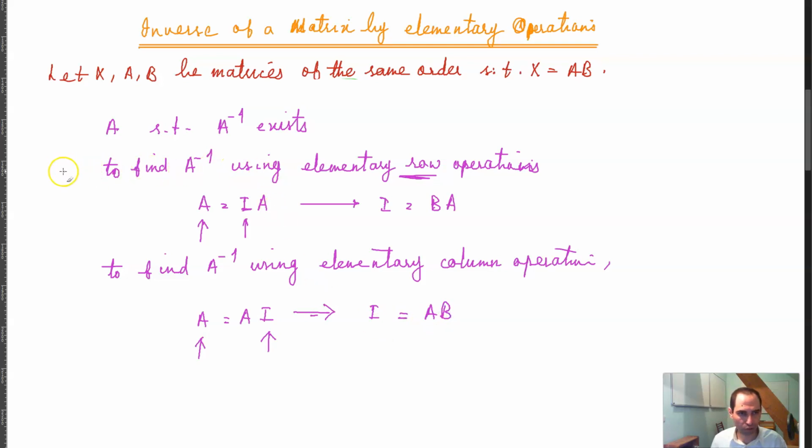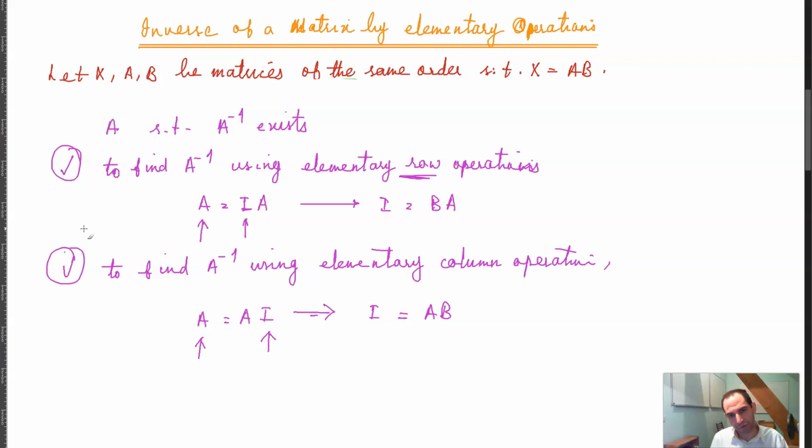And which one, basically whether you do this one or you do this one, depends on the structure of your matrix. If the structure of your matrix is such that it's easier for you to do row operations, then you will do row operations.